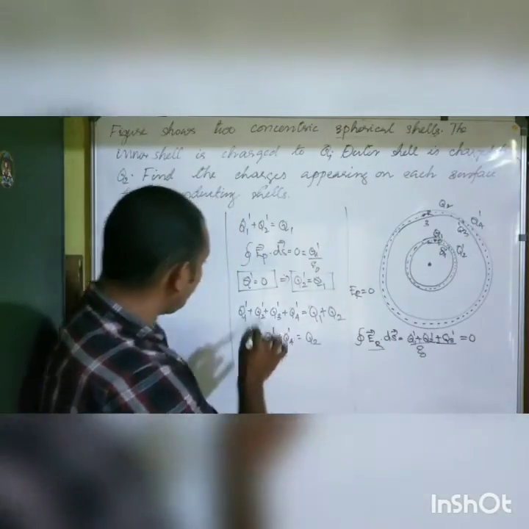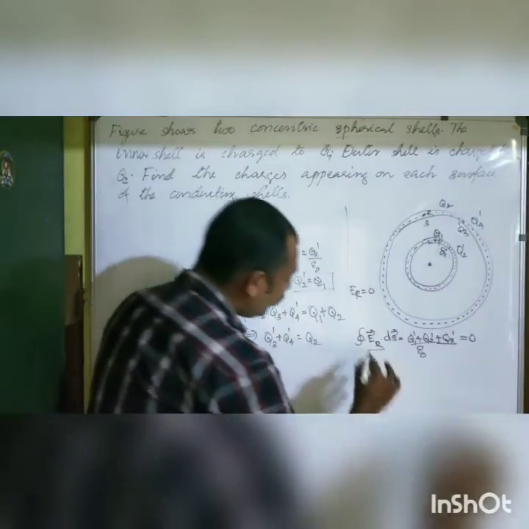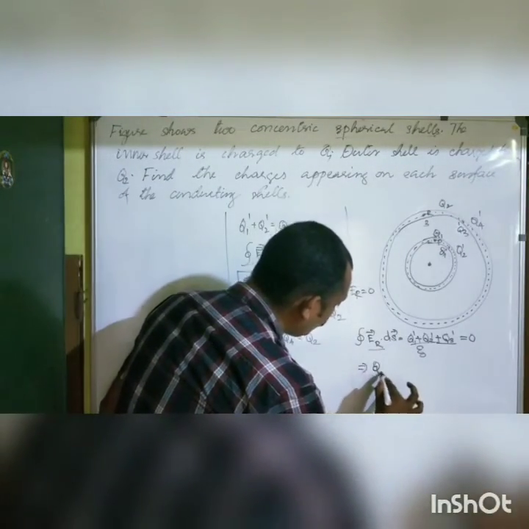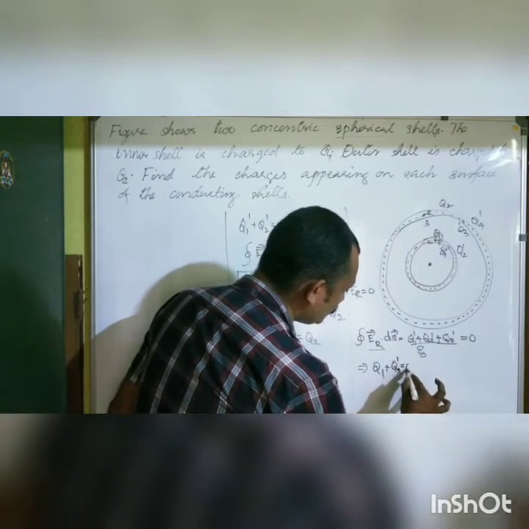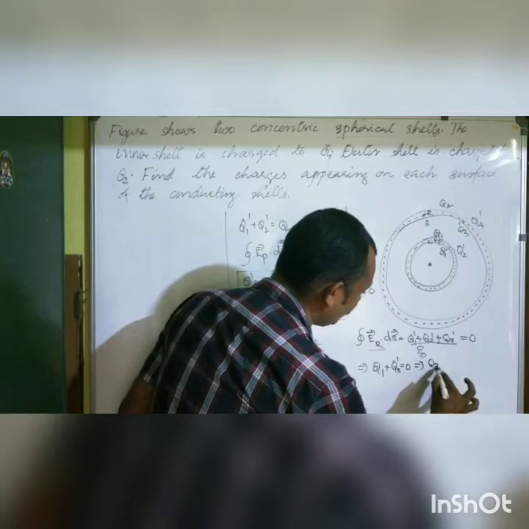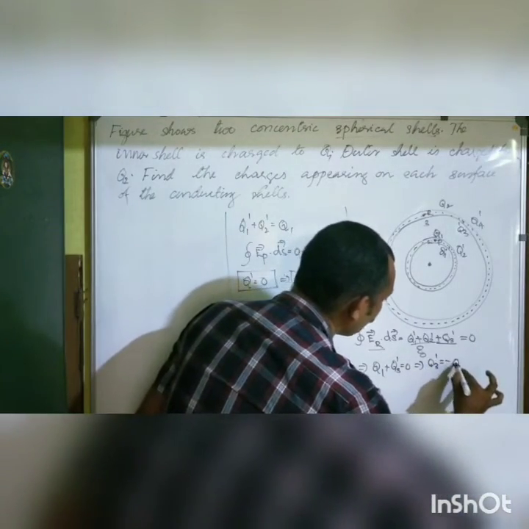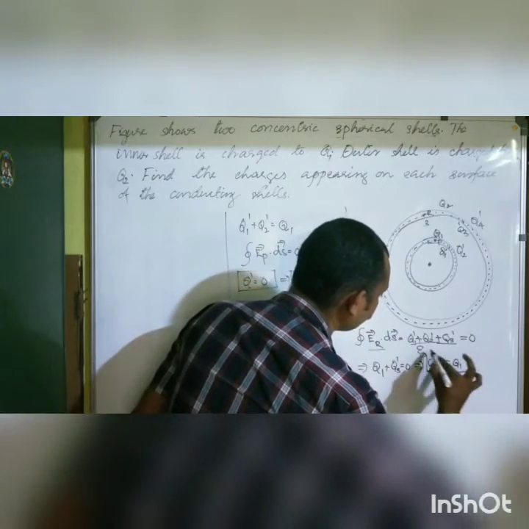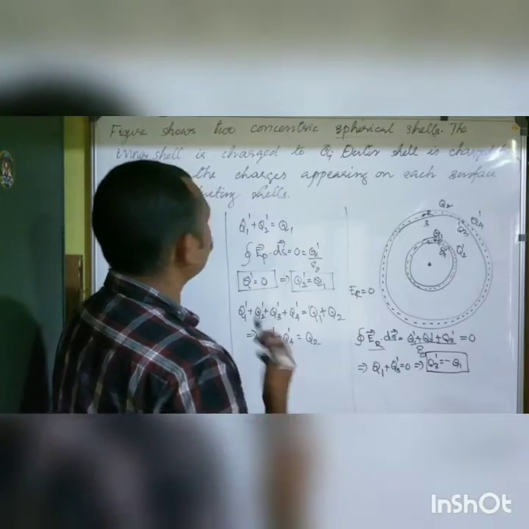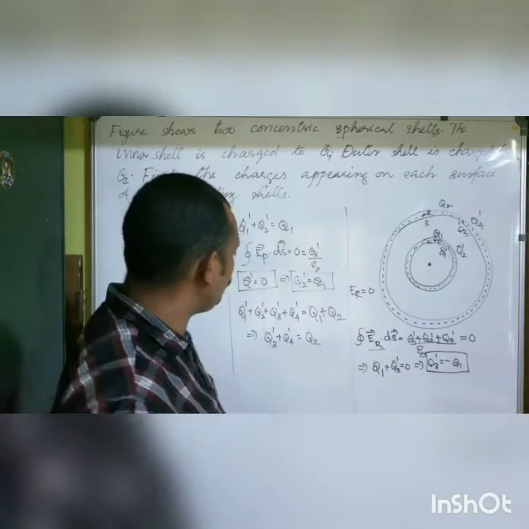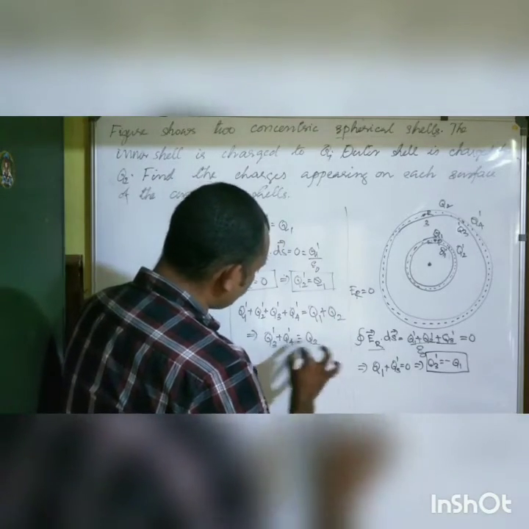Now what is already, Q1 dash is equal to 0. What is Q2 dash? Q1. Now which will give you Q1 plus Q3 dash is equal to 0, which implies Q3 dash is equal to minus Q1. Q3 dash is equal to minus Q1 means I can substitute in this expression.